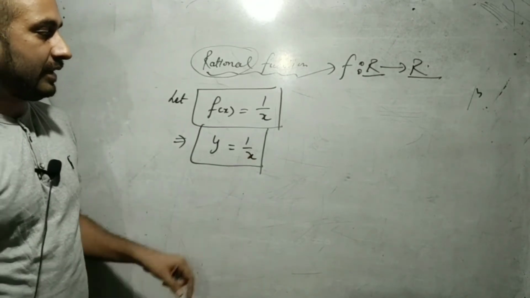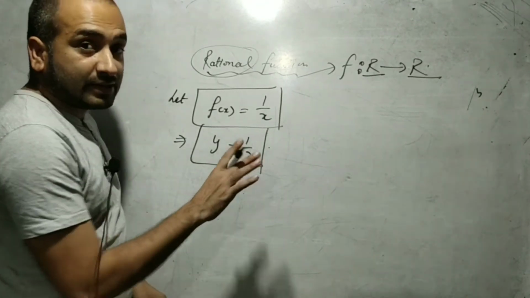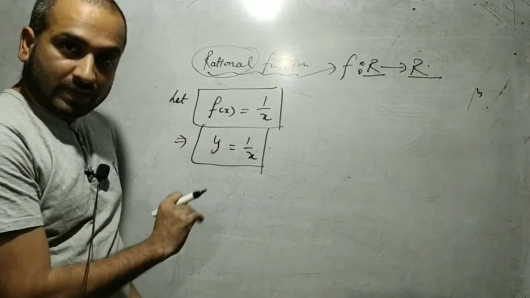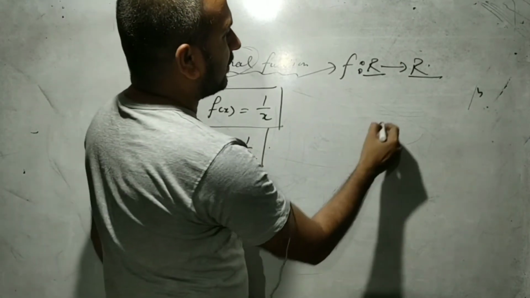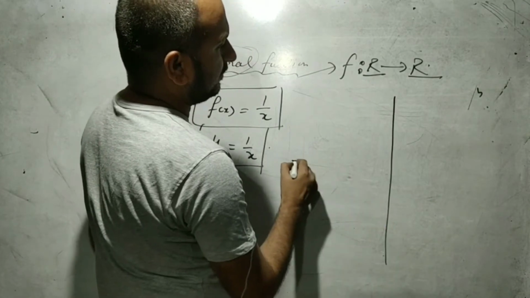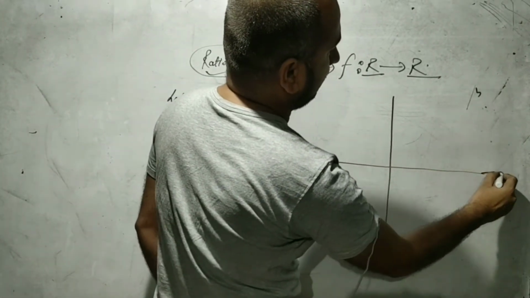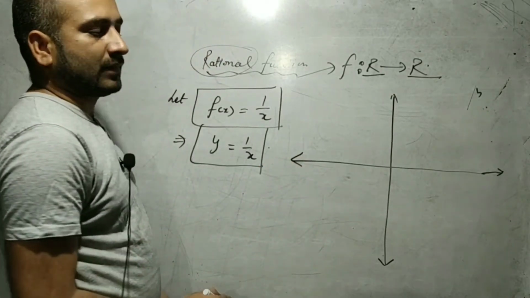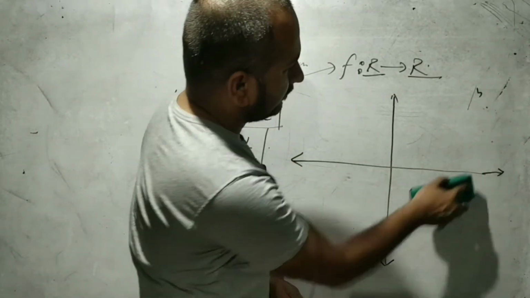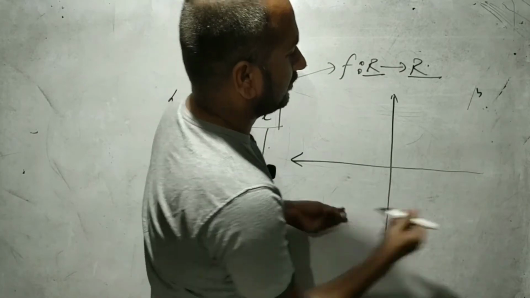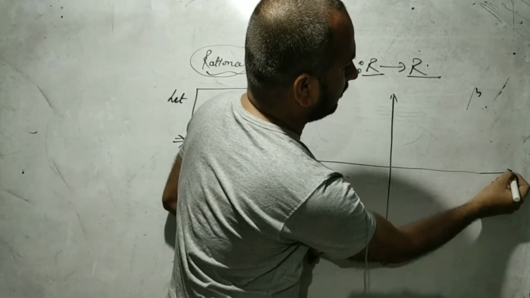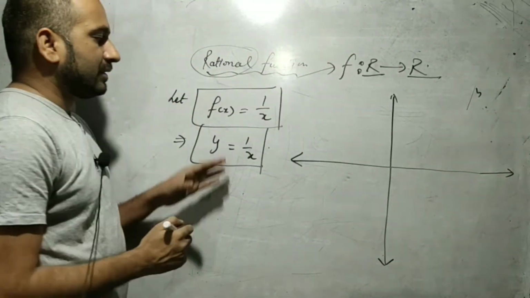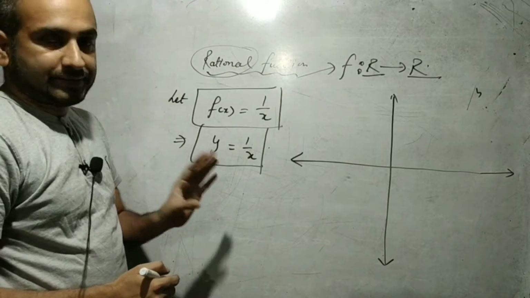This is y, and here x never will be equal to 0. Now students, I have to draw the graph here. Is it clear? Any issue? So y is equal to 1 upon x.